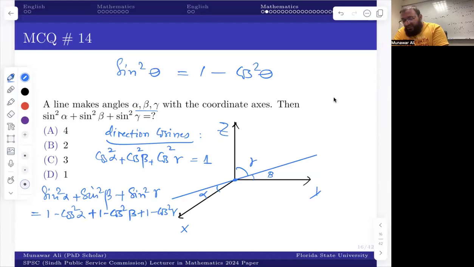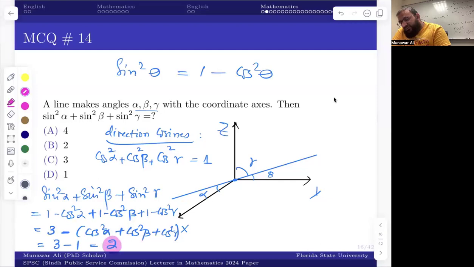You can add the ones, which gives you 3, and take minus common from all of these, which gives cosine square alpha plus cosine square beta plus cosine square gamma. This is going to be 3 minus 1, because cosine square alpha plus cosine square beta plus cosine square gamma is 1. So 3 minus 1 is equal to 2. So 2 is our correct answer. It's too simple, I think.